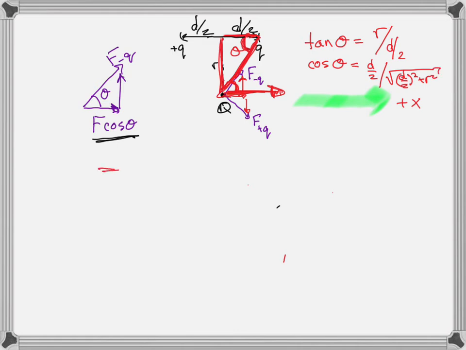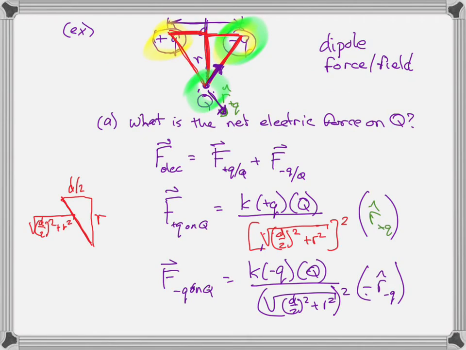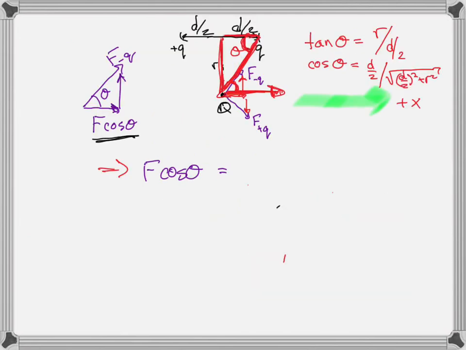So therefore, f cosine theta, I'm going to copy f from the other page: k q Q over the square root of the hypotenuse squared. This is the magnitude of f, right? k, little q, big Q, over d over 2 squared plus r squared.